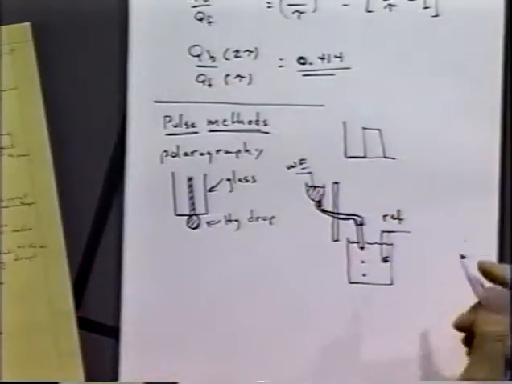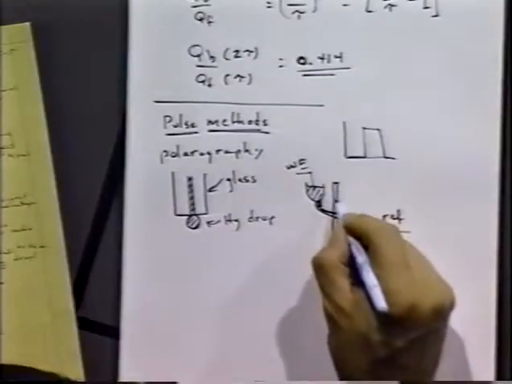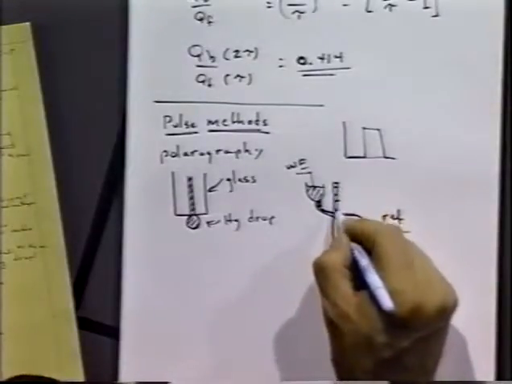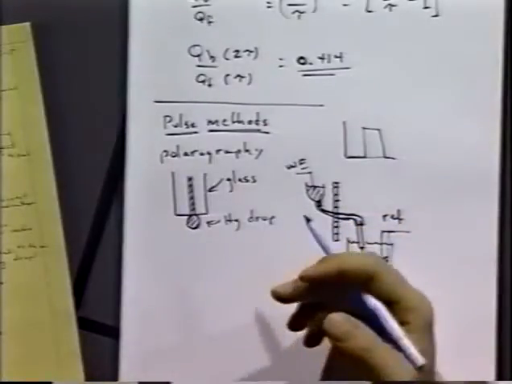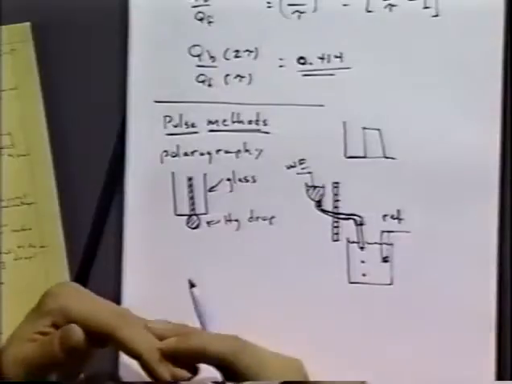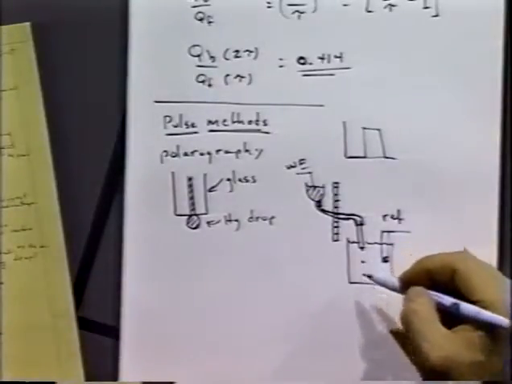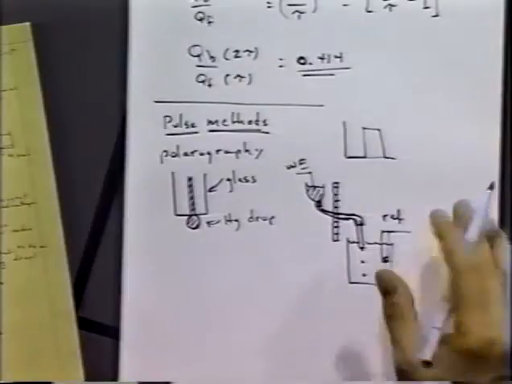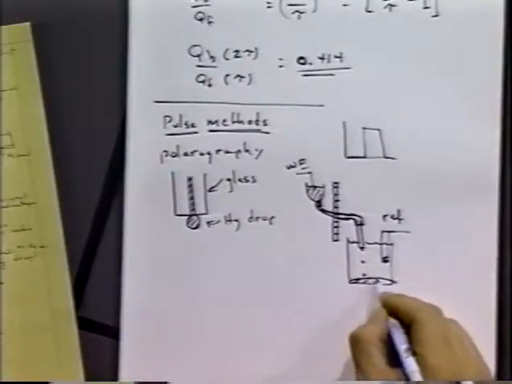Apply a potential to the mercury, and by adjusting the head pressure on the mercury, say, against some sort of measuring stick, we can cause the drops to be emitted at a faster rate or a slower rate, and we can cause the drops to fall faster or slower. And at the bottom we get this little mercury pool electrode.